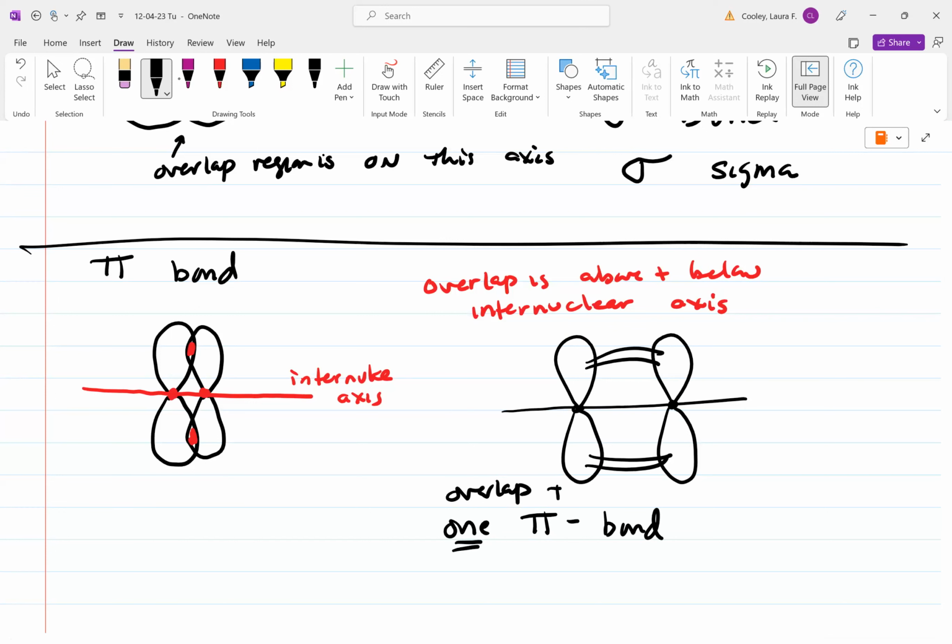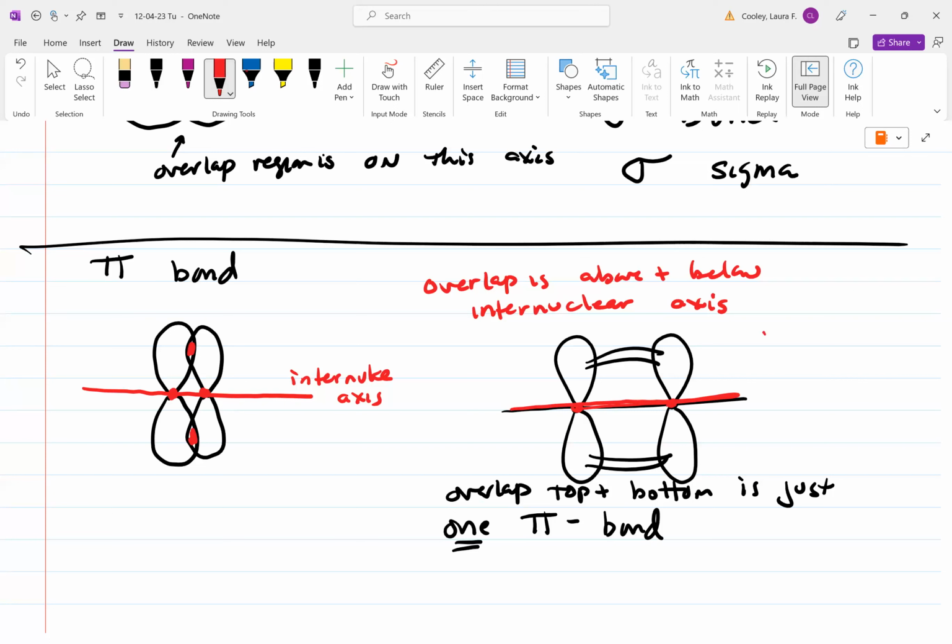So overlap top and bottom is just one pi bond, and that's because the internuclear axis is over here, and you're above and below that axis. So that's a pi bond.